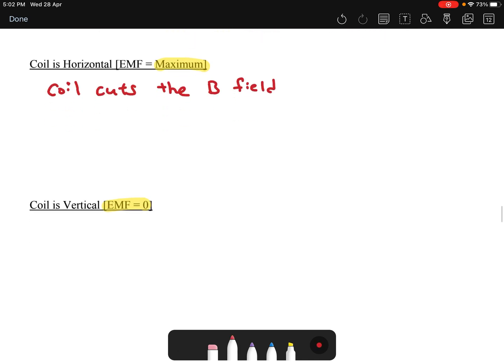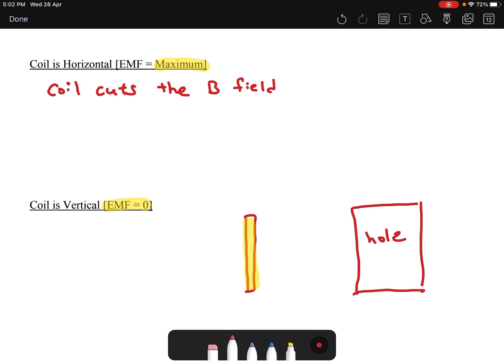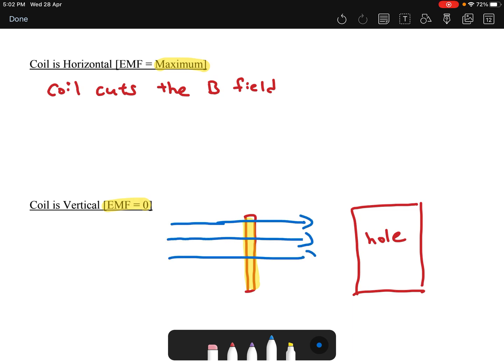Because why? Because there's a magnetic field. So we have a coil of wire. And notice that the coil of wire, these are all holes. This is one big hole because we have a square loop, right? So this is the frontal view of your coil. So this is actually empty space or hole. So the magnetic field will just pass through the hole without being cut.